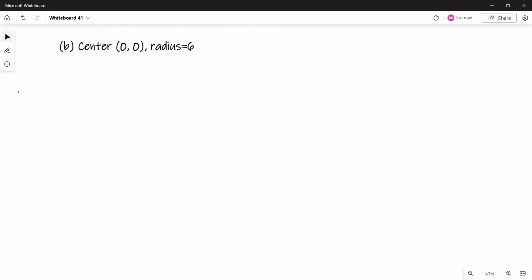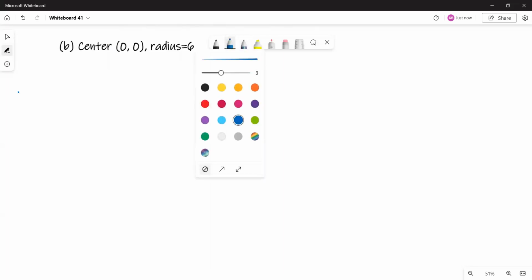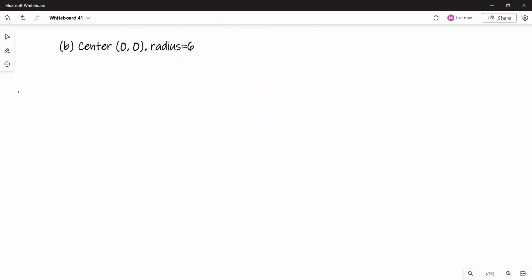So the equation of the circle is going to be x minus 0 squared, so x minus 0 is x, that's going to be x squared, plus y minus 0, that's y squared, equals 6 squared, which is going to be 36.